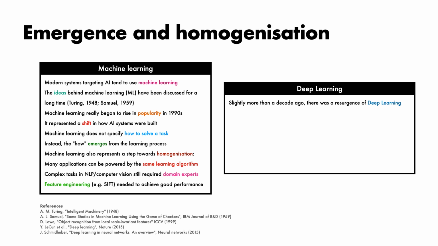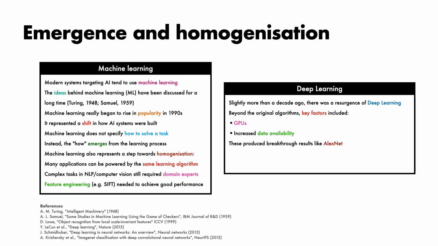Within machine learning, slightly more than a decade ago, there was a resurgence of ideas in deep learning. Beyond the original algorithms, which had been developed much earlier, key factors that drove this resurgence included GPUs that provided the necessary computation and increased data availability, largely thanks to the internet.